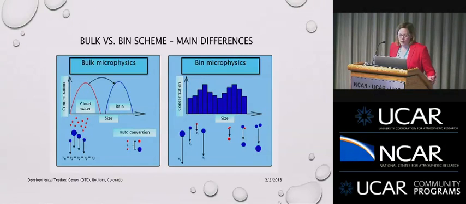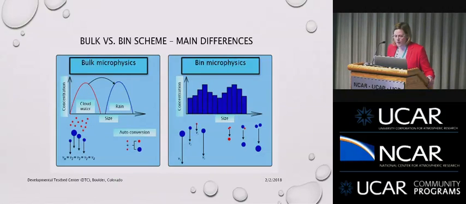This is really good for computation time because it's not costly, but there are some disadvantages: some size-dependent properties, like the size-dependent vertical terminal velocity of the particles, are not easily calculated.